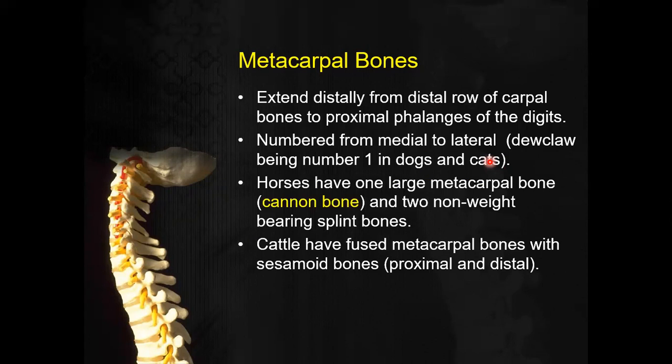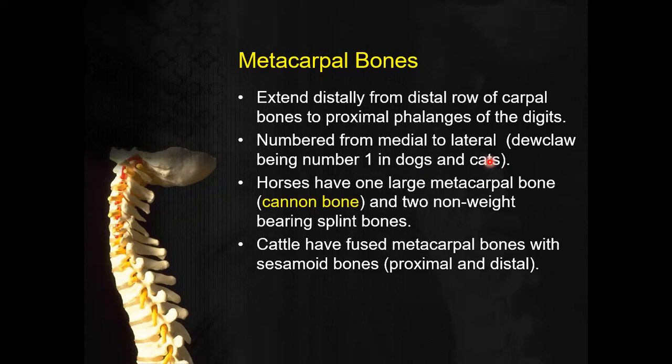Metacarpus. We have two little remnants back here of two other metacarpals that are not full. They're just support bones. And so our horse is walking on its third phalange, like this.